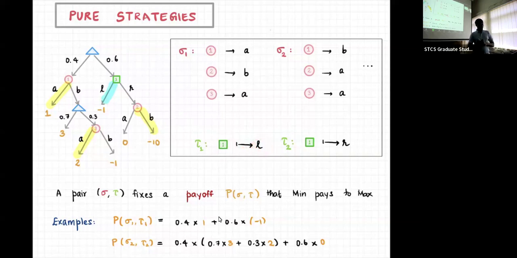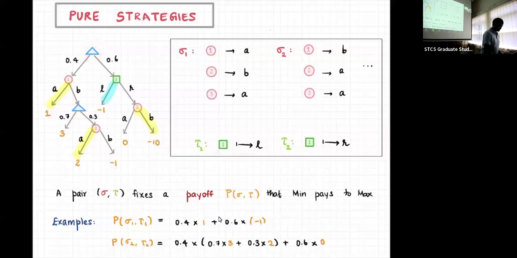Once the maximizer and minimizer fix their strategies, you can compute a quantity called the payoff. What is the payoff given that the maximizer plays sigma 1 and the minimizer plays tau 1? Let's see. This yellow is sigma 1 and this blue is tau 1.